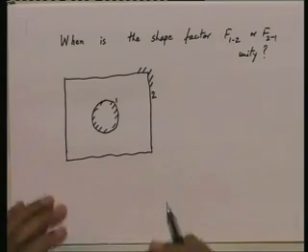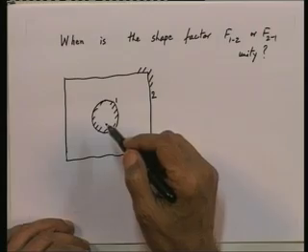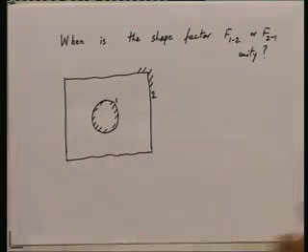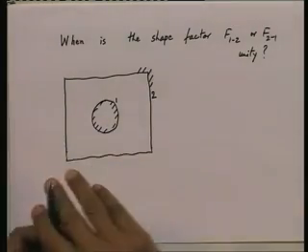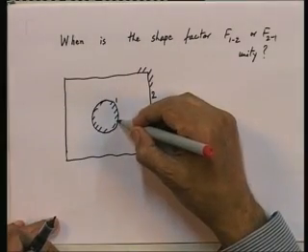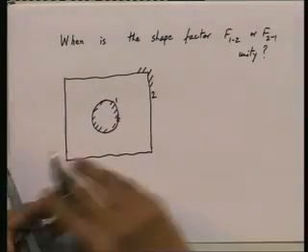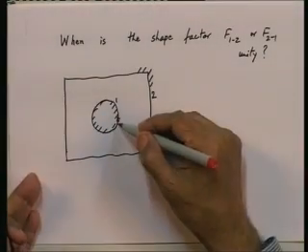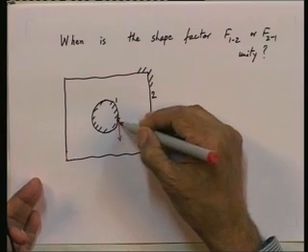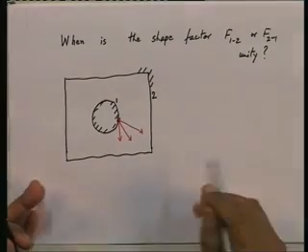Now, consider radiation emitted from the surface of 1. Surface 1 is a sphere. Consider radiation emitted from any element on surface 1, anywhere. That radiation has to first hit 2; it has no choice.